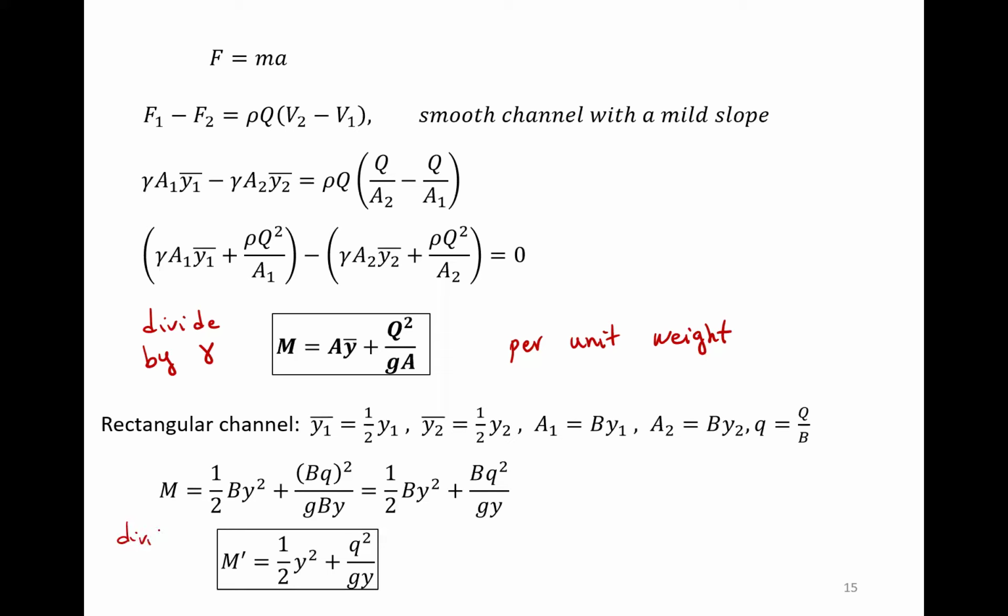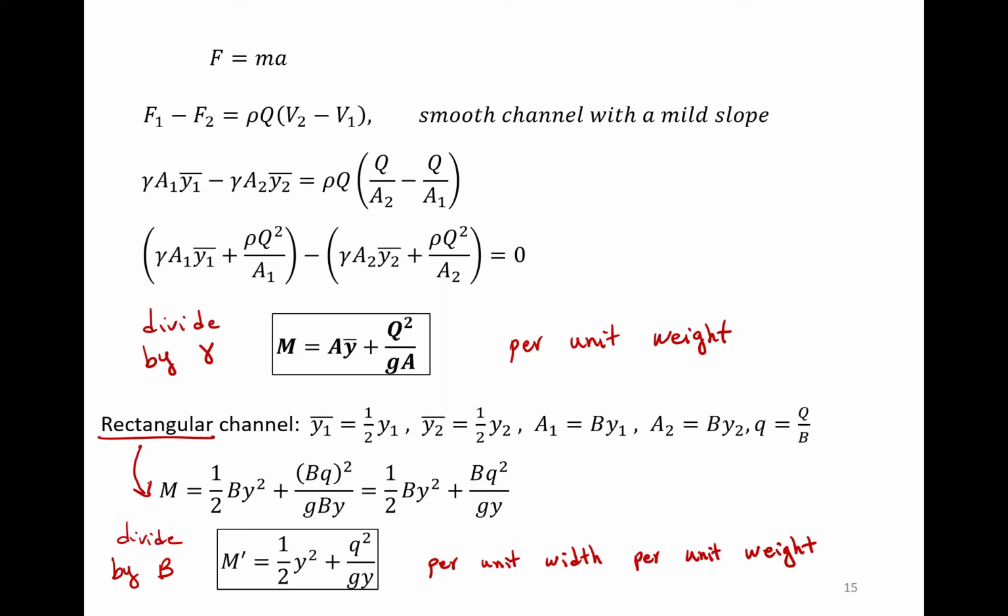So in this step, we're again dividing by B. So we get this equation, and this will be for a rectangular channel per unit width, because we divided by B, per unit weight, because we already divided by gamma up there. Again, nothing new, just the same concept, the same idea.